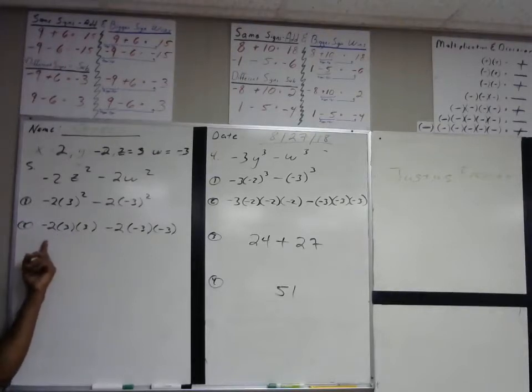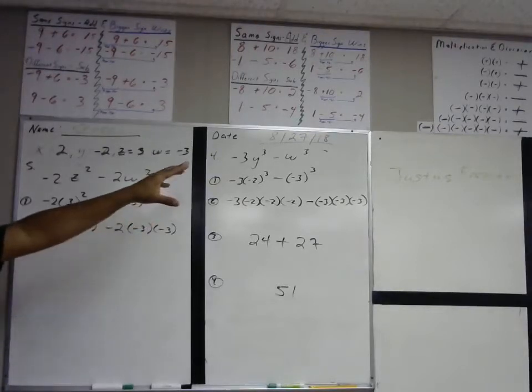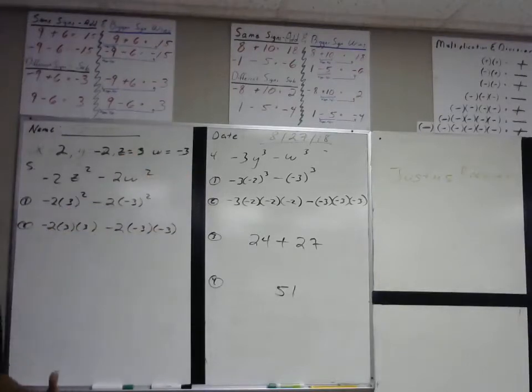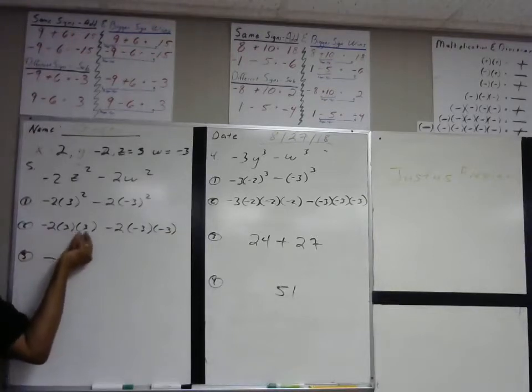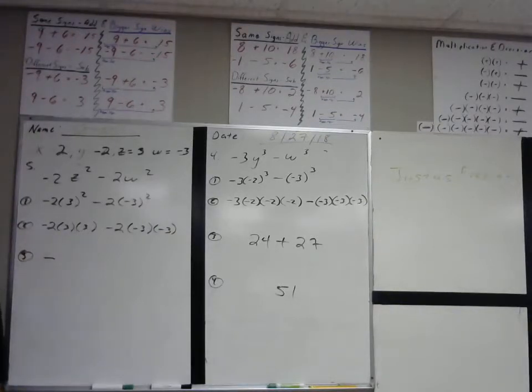This has 1 negative in it, and according to the chart, with 1 negative the answer is going to be negative. So step 3, we're going to get a negative, and we have 6 times 3, which is 18.